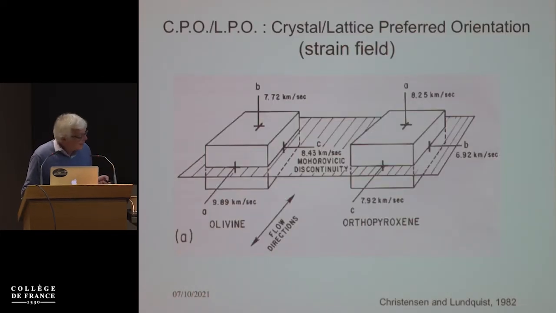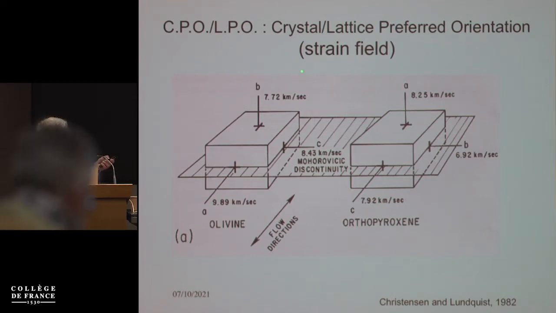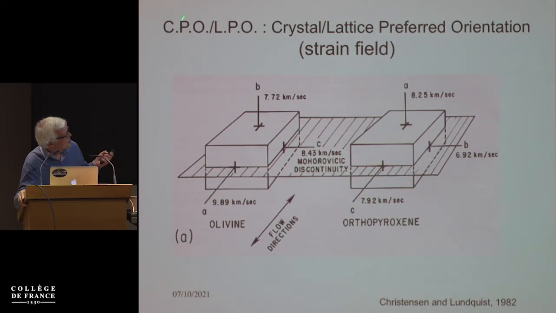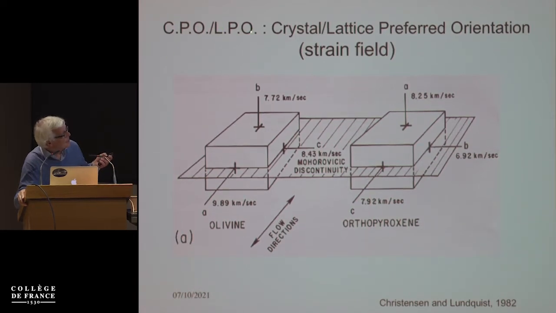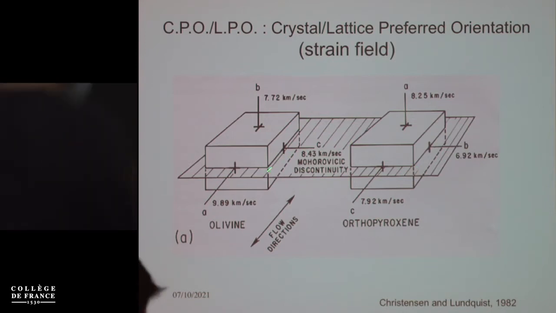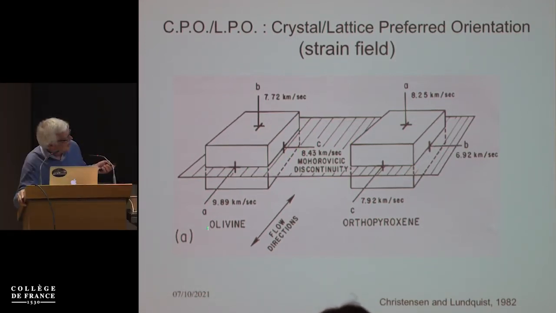So let me remind you again why it's important to look at crystal preferred orientation. Before, it was named lattice preferred orientation. So it is a classical figure where we have olivine and also another important mineral, orthopyroxene. In olivine, the fast axis tends to be parallel to the flow direction, and the slow axis is perpendicular to the flow plane.